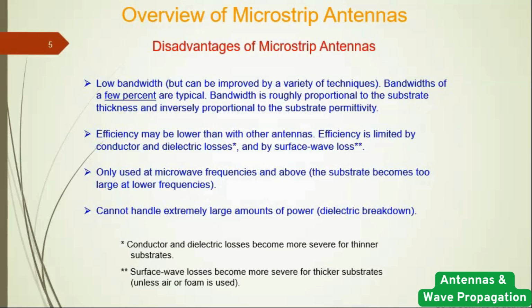These antennas also suffer from the effects of radiation from the feed point and junctions. These are poor end-fire radiators. Besides, surface wave excitation in these antennas is an added limitation.